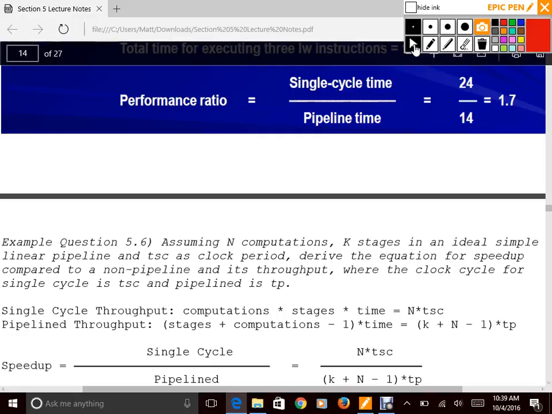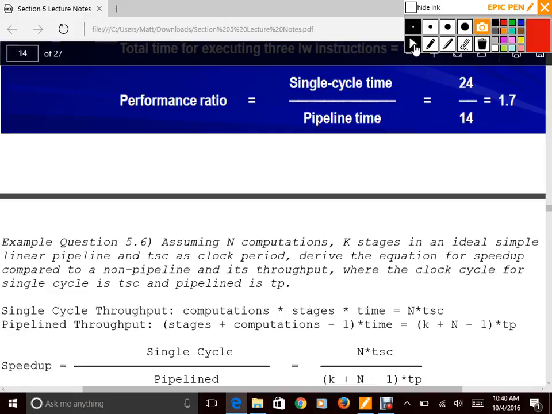So that's going to infinity, right? And so is this. So these are going to cancel out, right? So this is going to become TSC over TP.